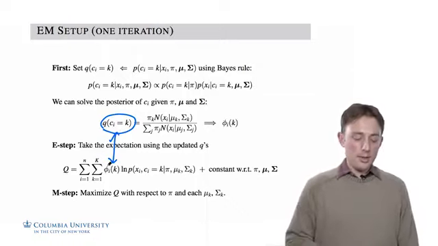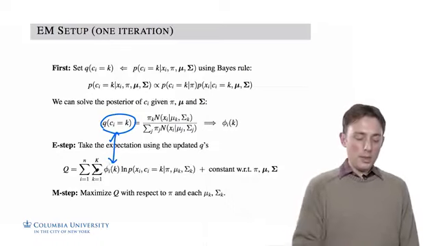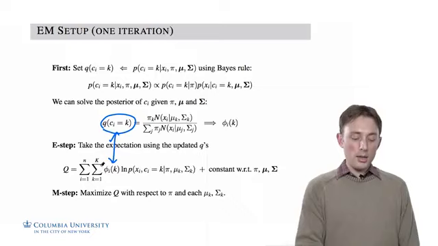But now we have the sum over each observation, where we evaluate the log of the likelihood of the ith data point coming from the kth cluster, plus the log of the prior probability of it coming from the kth cluster.